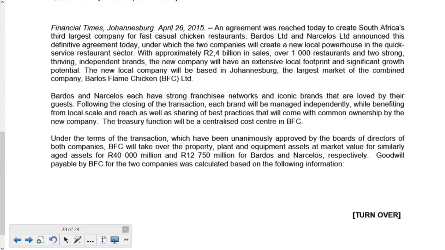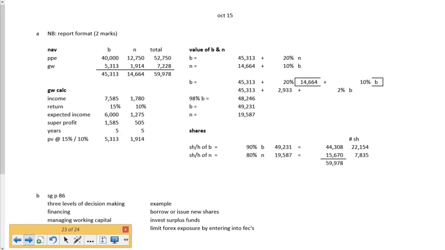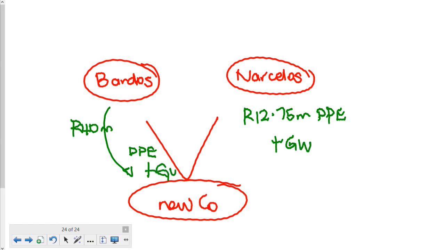PPE 40 and 12.75. So what they're going to take over is 40 million of PPE and 12.75 million of PPE plus goodwill. And that's what's going to land up in this new company.